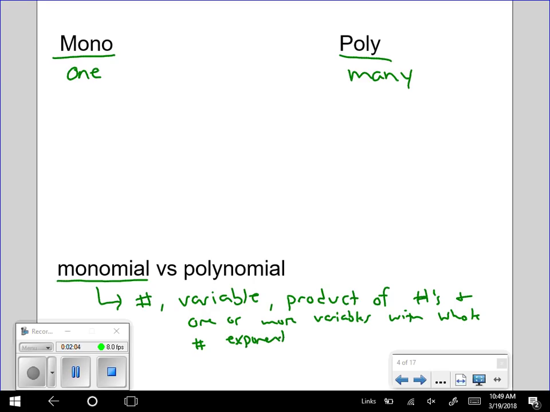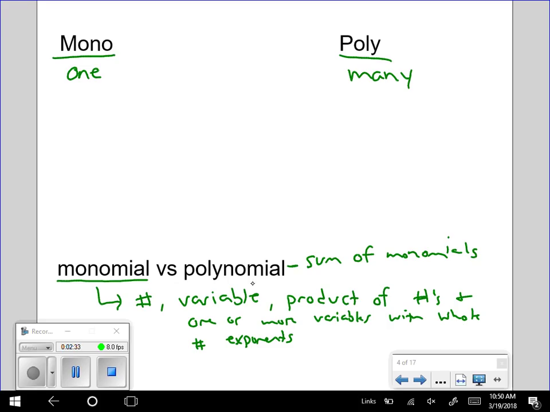So there's just one piece there. In a second we're going to talk about the degree of monomials, but first let's talk about polynomials for a second. A polynomial is the sum of monomials, essentially, which will make more sense in a second. Each monomial is called a term of the polynomial.